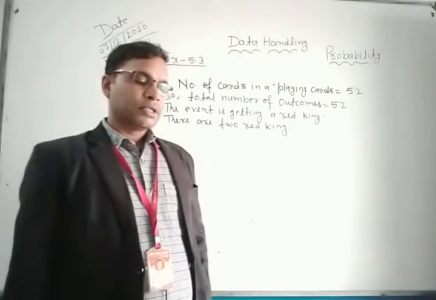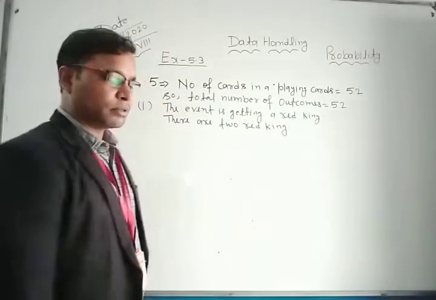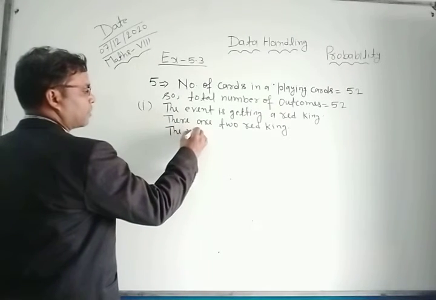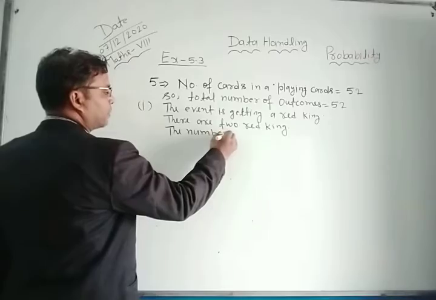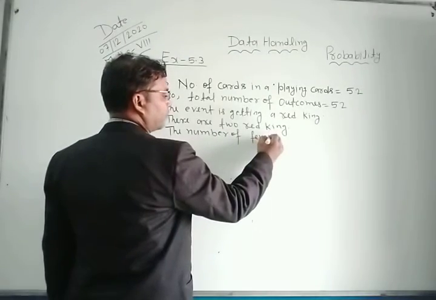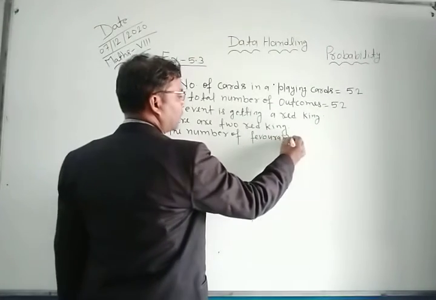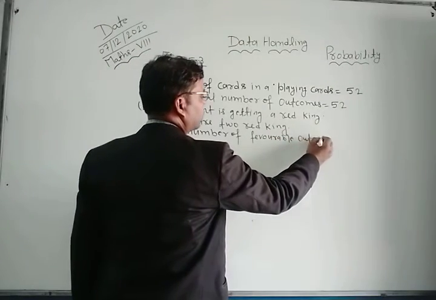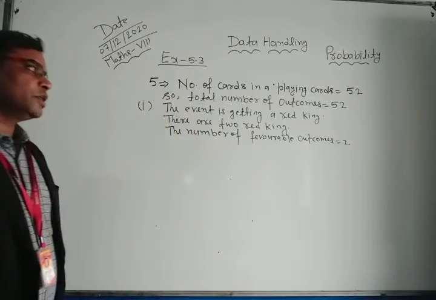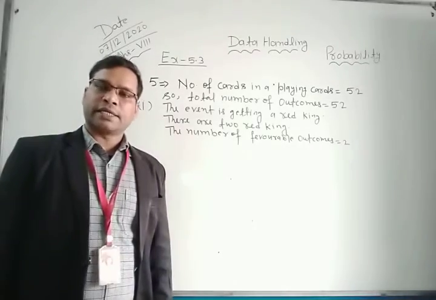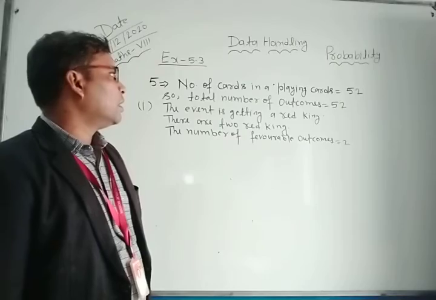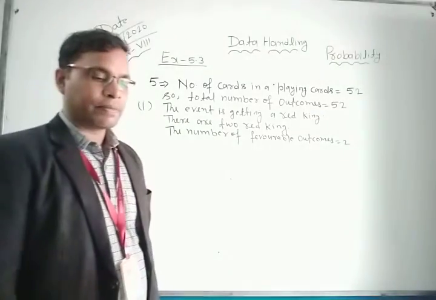So you can say the number of favorable outcomes is equal to 2, because 2 cards are red kings, and the total number of possible outcomes is 52. This is clear.